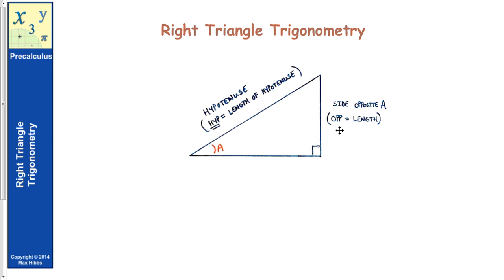So you'll see me refer to OPP as opposite, and that's the length of the side that's opposite of the angle A in this case. And then we have this side, and this side is said to be adjacent to the angle A. This is opposite, this is adjacent, and of course this is also adjacent, but it's specifically the hypotenuse. And when we're talking about the adjacent side to an angle A, then I'll refer to its length as ADJ.